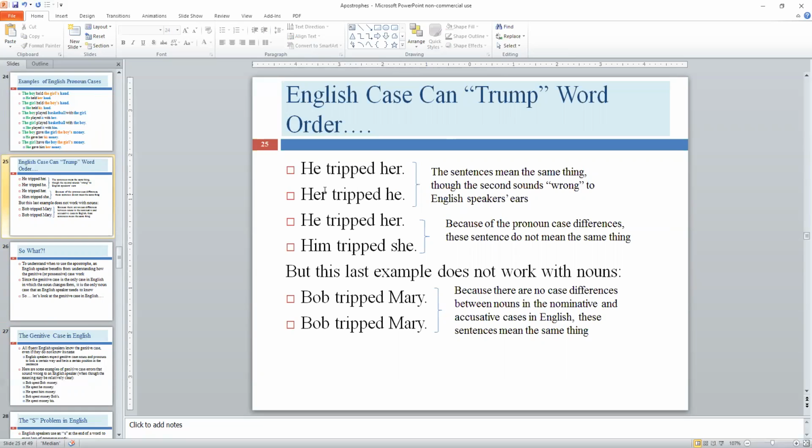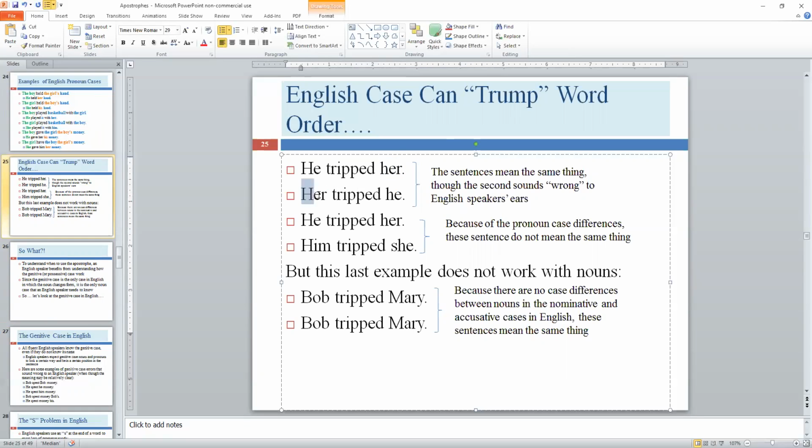When we flip the word her and put it at the beginning of the sentence, and we put he at the end of the sentence, but you notice we haven't changed the format of the words, and we say her tripped he, our first reaction is, gosh, that's confusing, because it's not the word order we expect.